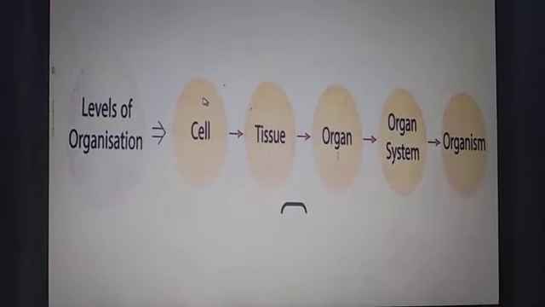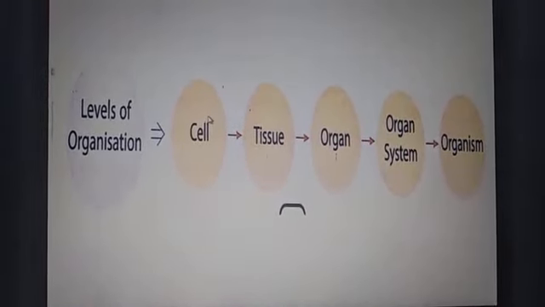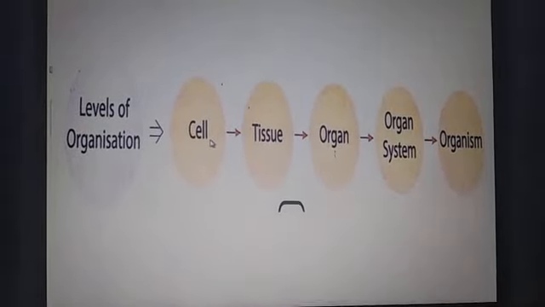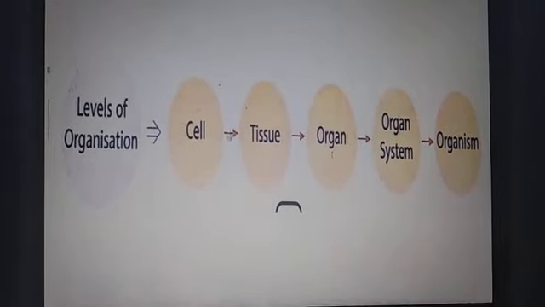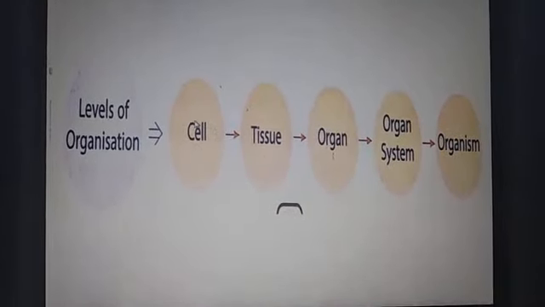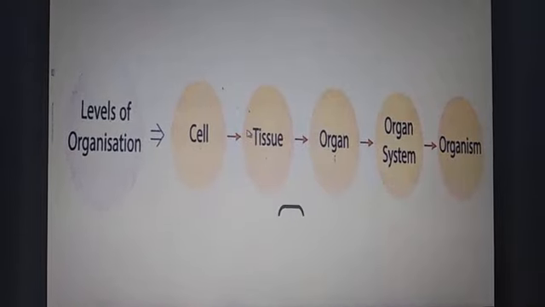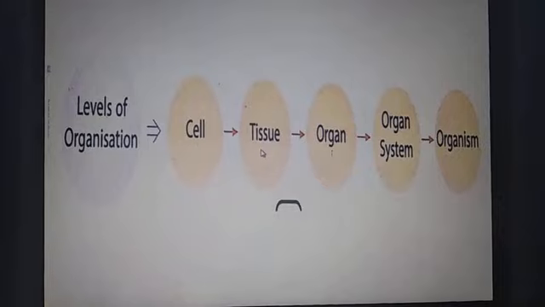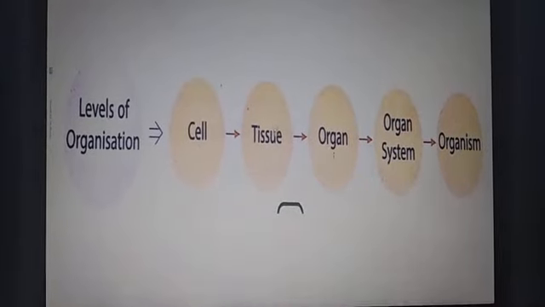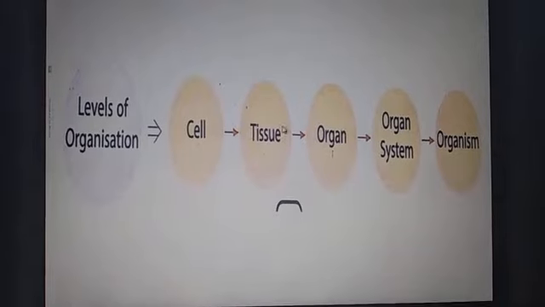But in multicellular organisms, there is a different level of organization. A group of cells which perform a specialized function form a tissue. For example, nervous tissues. Then, a group of tissues performing a specific function forms an organ.